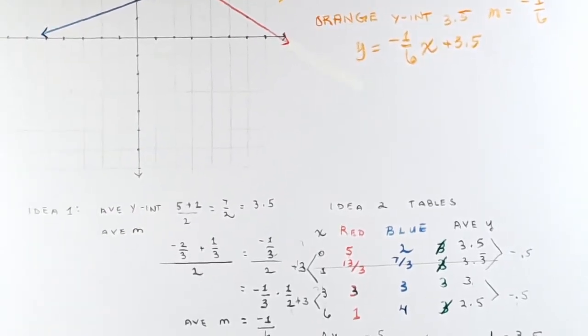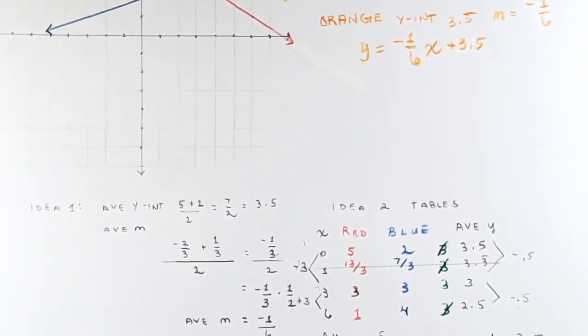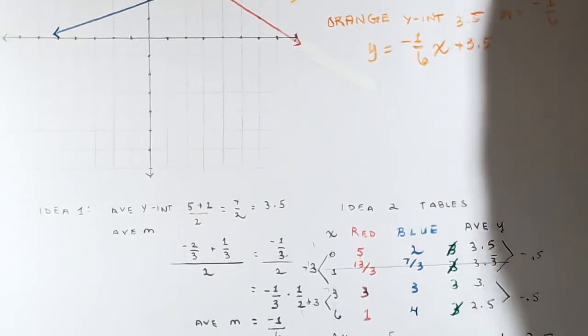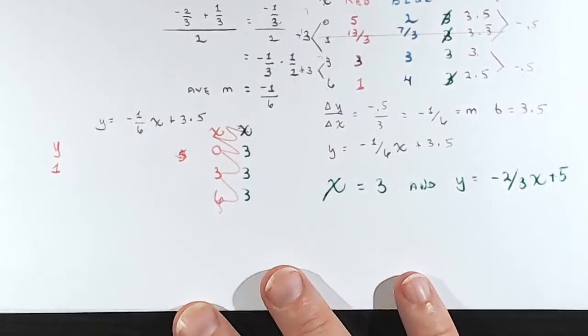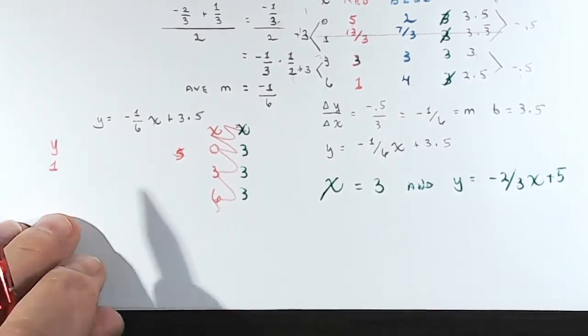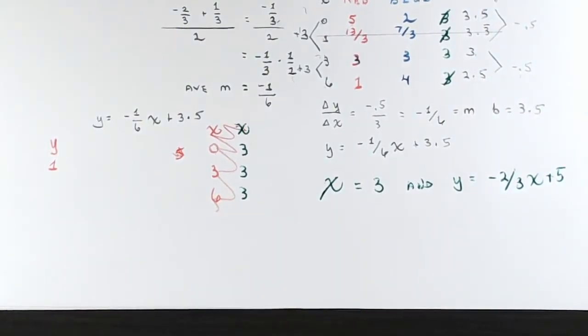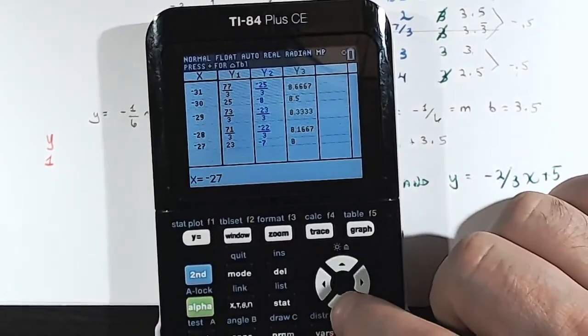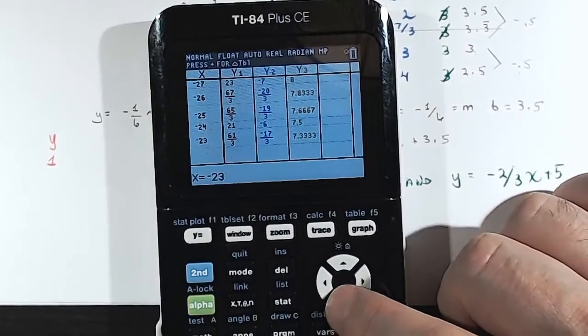So now let's ask, when y is 1, what is the x value of the red line? So we'll go backwards here.